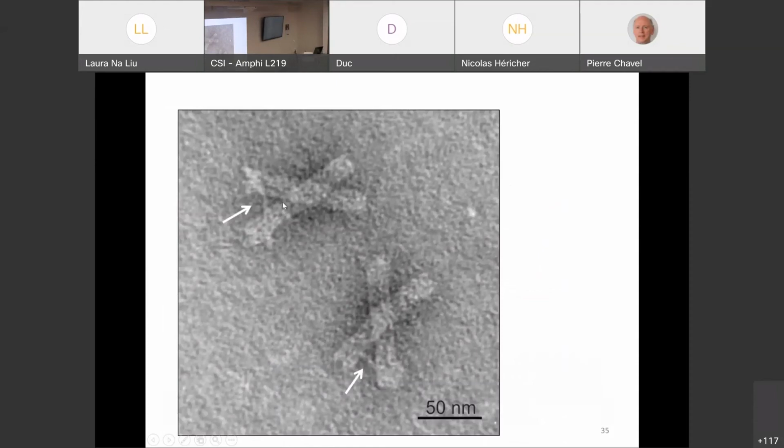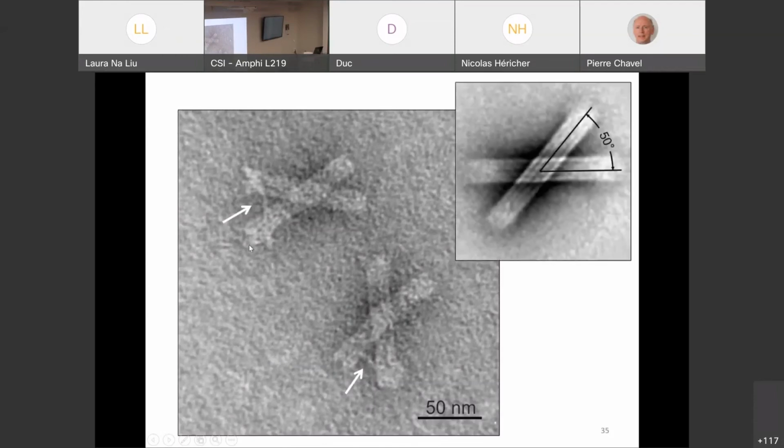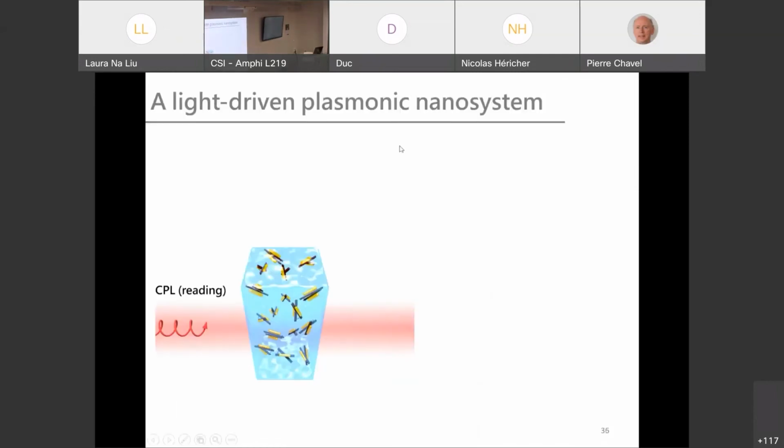If you check carefully, you can also take a look at this DNA lock in between these two origami bundles. And we have also done the reconstructed image from many of these TEM images, and the conformation between the two origami bundles in terms of the angle is 50 degrees because 50 degrees gives us the strongest CD response from our experimental parameters.